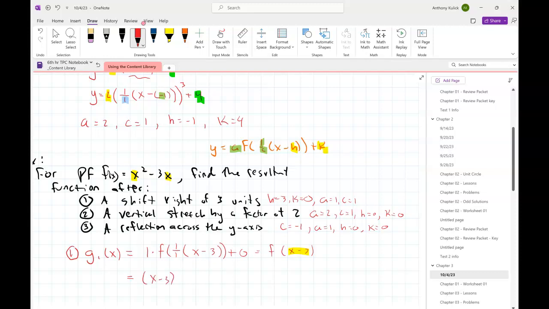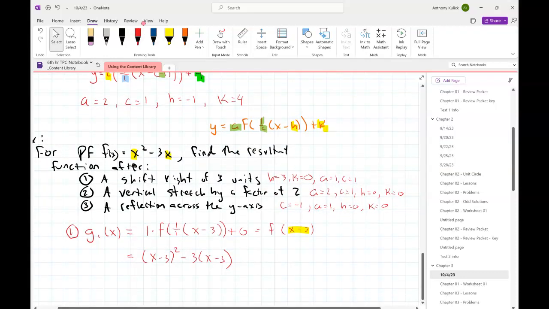So I have X minus 3 squared minus 3 times X minus 3. How do I do X minus 3 squared? How do I simplify that? What do you guys think? How do I do X minus 3 squared?